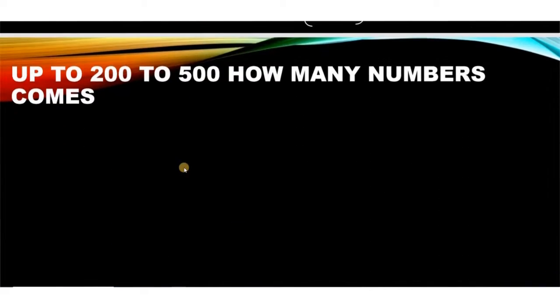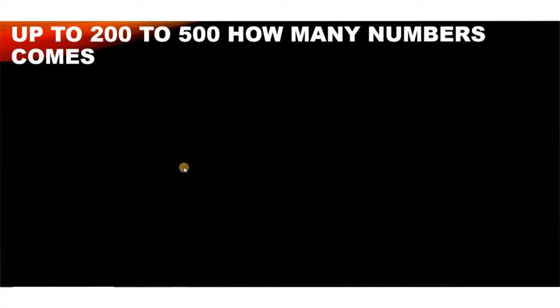Next, now instead of between, if they are asking up to, so what is the step number 1? Step number 1 is to find out the difference. So the difference will be 500 minus 200.